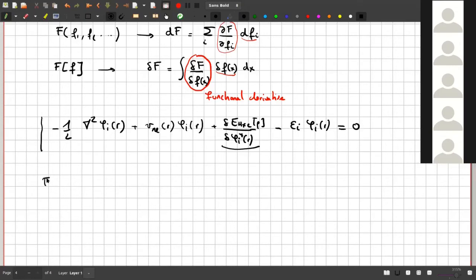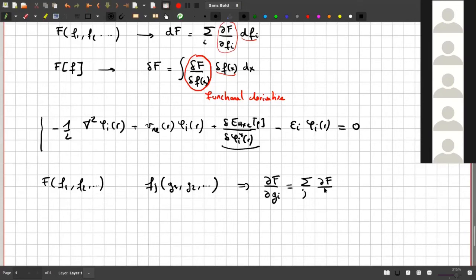So if you consider again a function f of the variables f1, f2, etc., and if the variables are in fact each one a function of other variables g1, g2, etc., then if you are asked to calculate the partial derivative of f with respect to the variable g_i, then you know by the chain rule that you have to sum over all j the partial derivative of f with respect to small f_j, and then the partial derivative of f_j with respect to g_i. That's the chain rule.